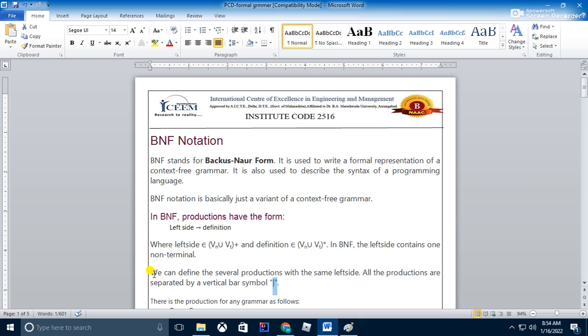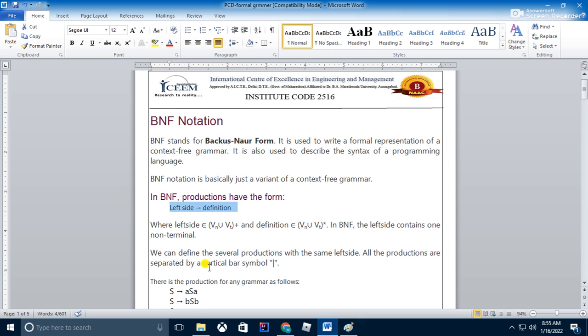The basic representation in BNF notation is that the left side contains a non-terminal and the right hand side contains a set of terminals and non-terminals that can replace it, as given by the production rules for the particular grammar.